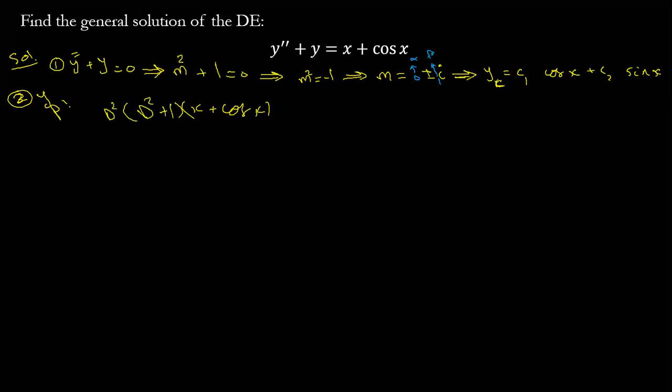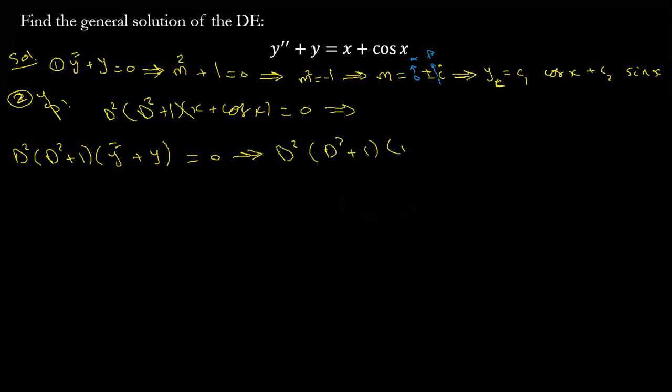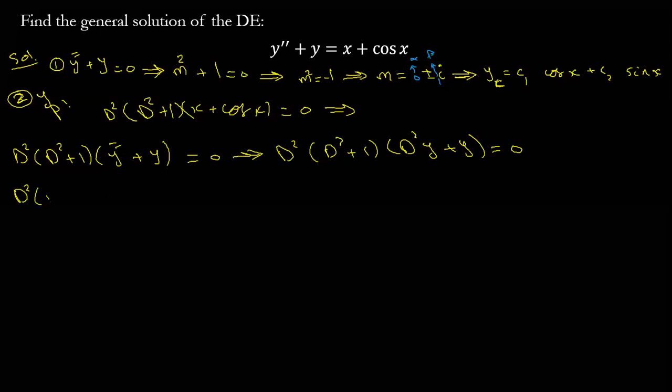I'm going to apply this to my differential equation: d squared times d squared plus 1 times y double prime plus y equals 0, because you applied the annihilator on the right hand side. That gives d squared plus 1 times d squared y plus y equals 0. Taking y as a common factor, I have d squared plus 1 and d squared plus 1 of y equals 0.